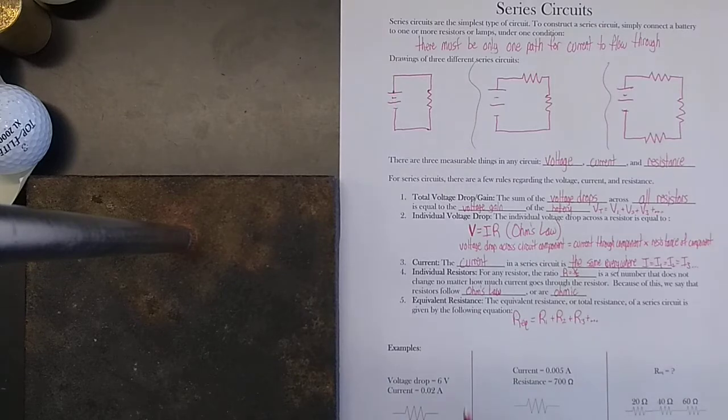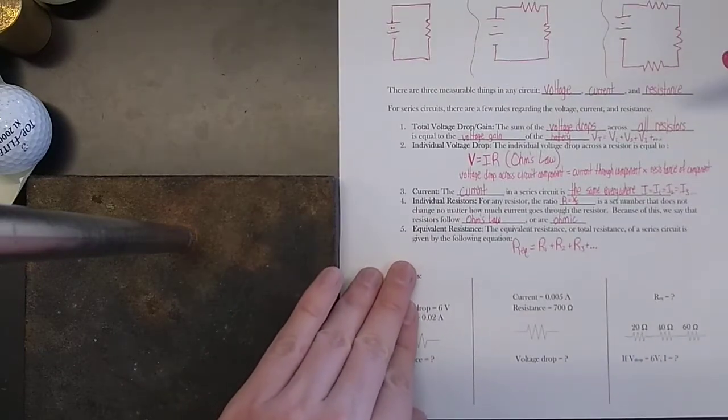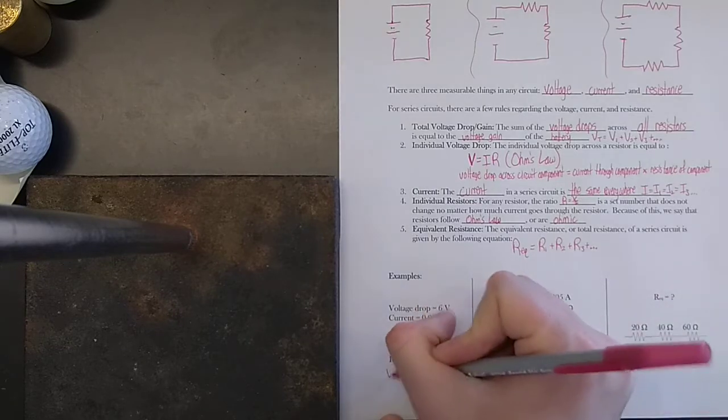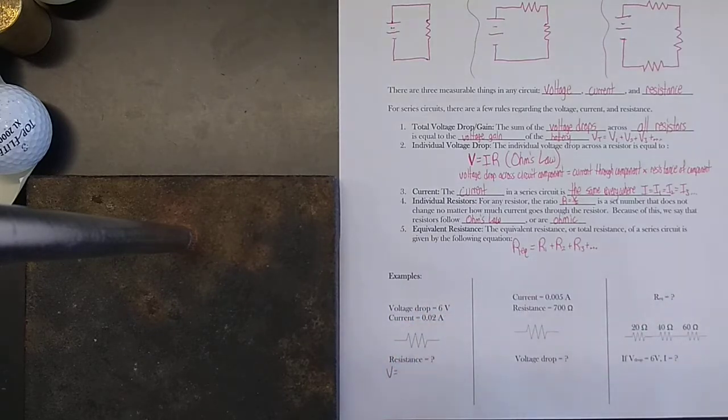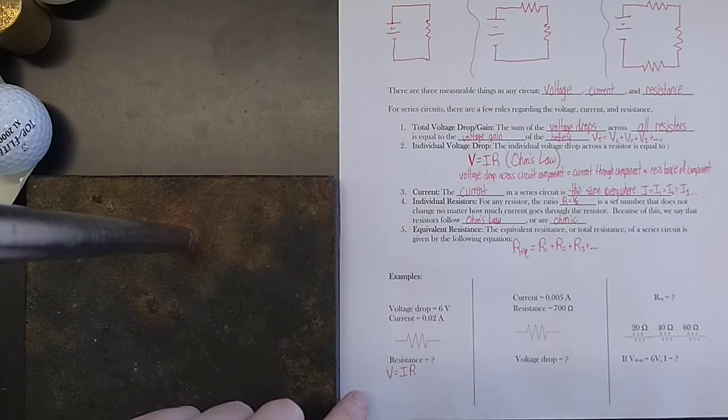In this first example, we have a voltage drop of 6 volts, a current of 0.02 amps. We want to know the resistance. Well, Ohm's law tells us that the voltage drop for this part of the circuit must be equal to the current times the resistance. So here's what we can do.